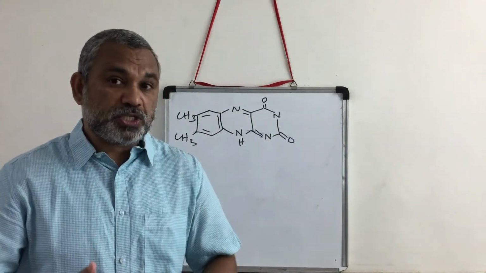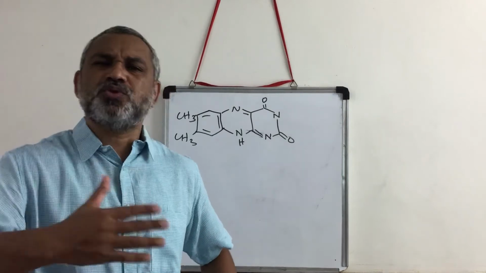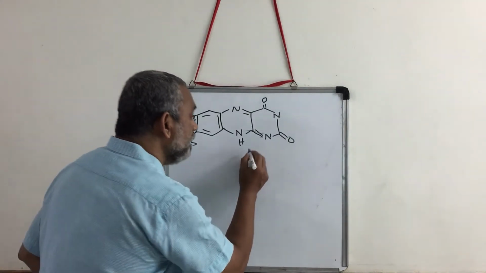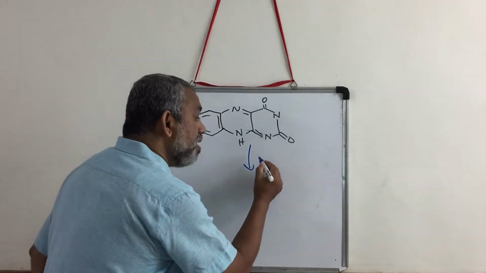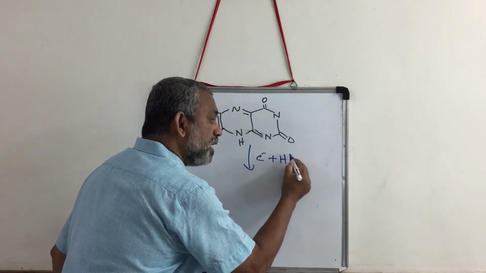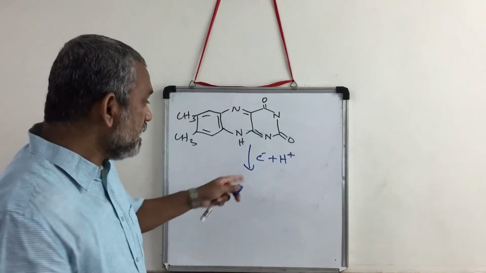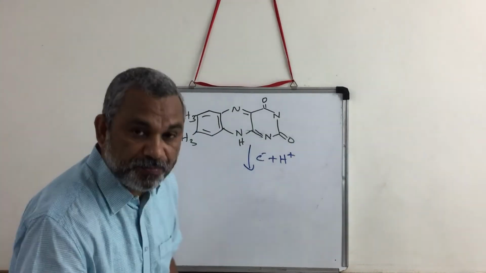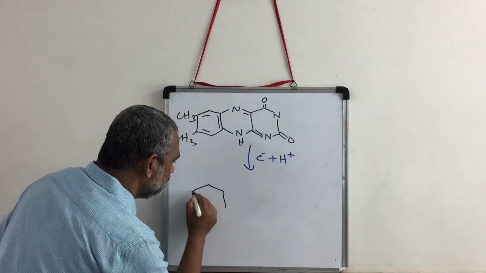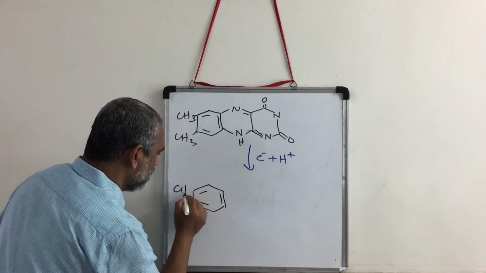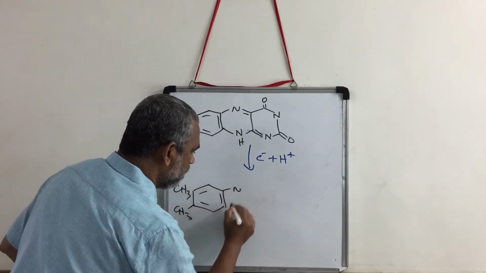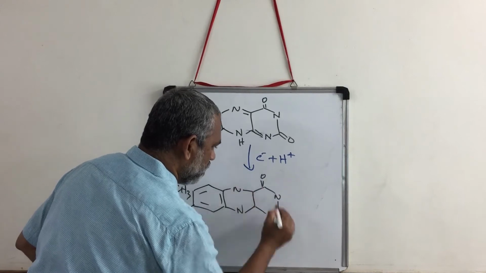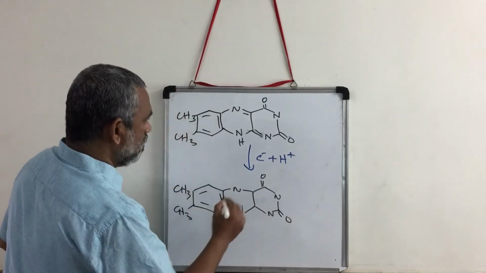This process of carrying two hydrogens occurs in two steps, not in a single step. First, isoalloxazine can accept one hydrogen, that is, one electron plus one hydrogen. Let me write the structure here, with CH3.